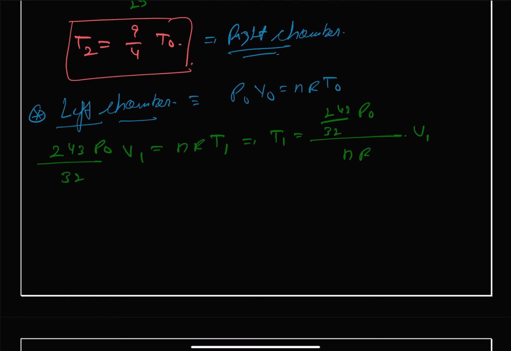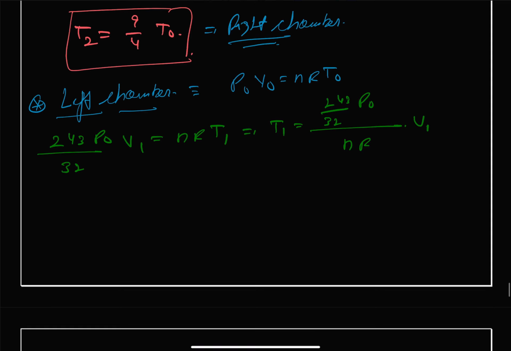And we already know the relationship between our V1 and V naught, so we can write our T1 is equal to 243 divided by 32 times P naught and times R, and our V1 will be equal to 46 V naught upon 27.